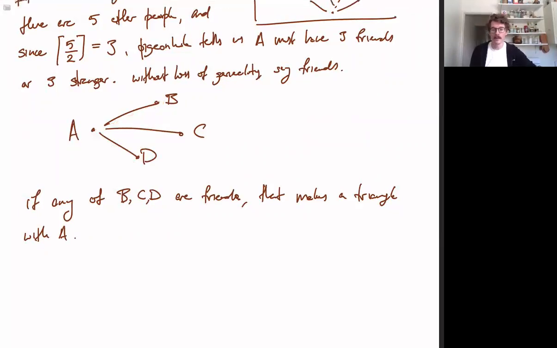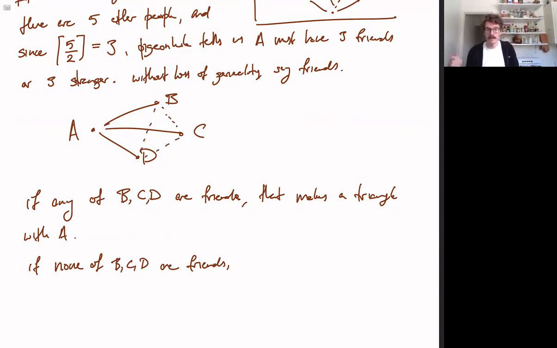So the only other possibility is if none of B, C, and D are friends. If it stands as we've drawn it now, let me dot in these lines that don't exist, then you can look at what we've just drawn.